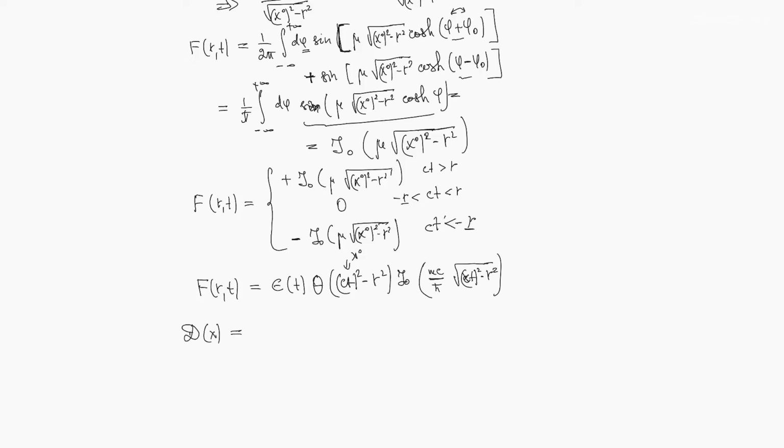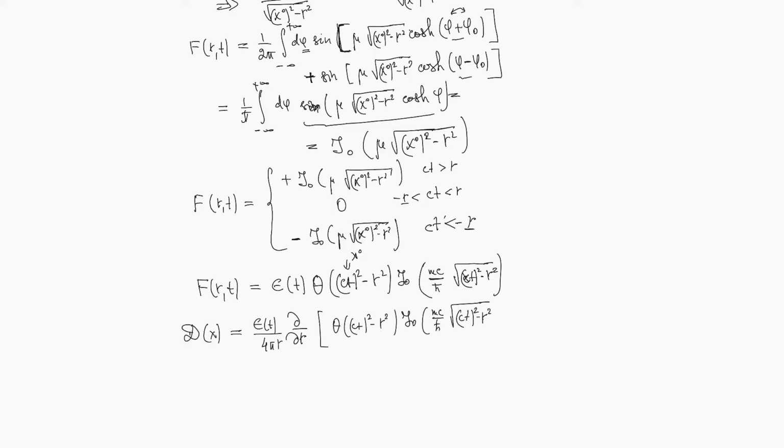And so what we get is epsilon of t divided by 4 pi r d over dr on this expression here: theta of CT squared minus R squared, J0 of MC over H bar square root of CT squared minus R squared.